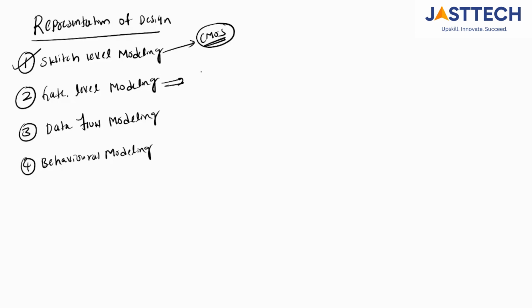Let us take, suppose, an AND gate. With the gate level primitive you are representing it, with inputs A, B and output Y, where Y equals A and B. There are some predefined gate level primitives like and, or, not, nor.